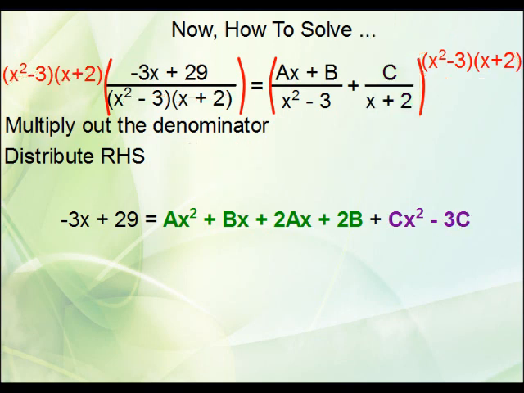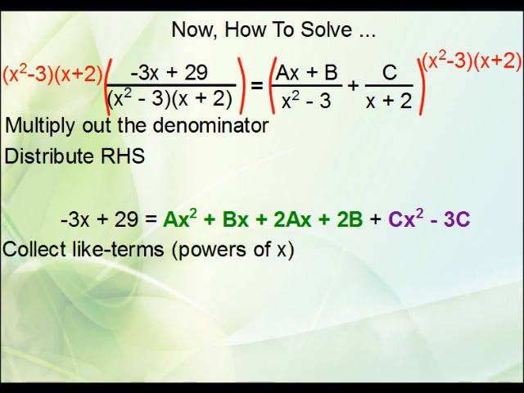Okay, now let's go ahead and take the like terms, and we're going to be collecting these like terms together according to powers of x. So hopefully you recognize that these two here are x squared. They go together, and these two here are just x.